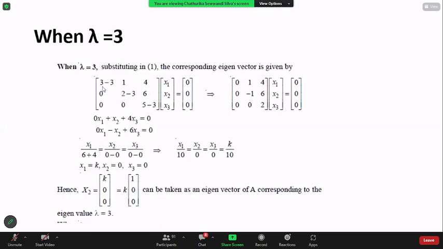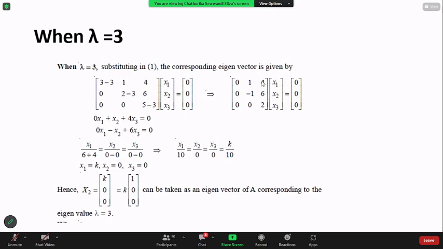Here, can you see? 3 minus 3, 2 minus 3, 5 minus 3. So we further solve this part. 3 minus 3 is 0. 2 minus 3 is minus 1. 5 minus 3 is 2. The other elements are the same as they are. Now out of this form, we are going to write the equations.